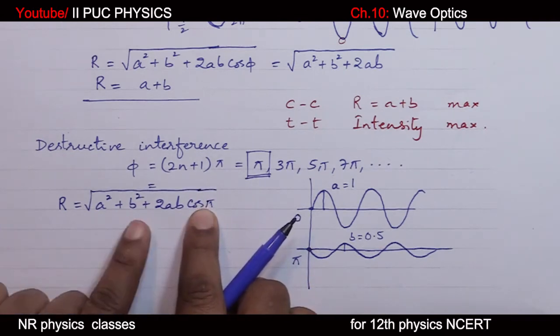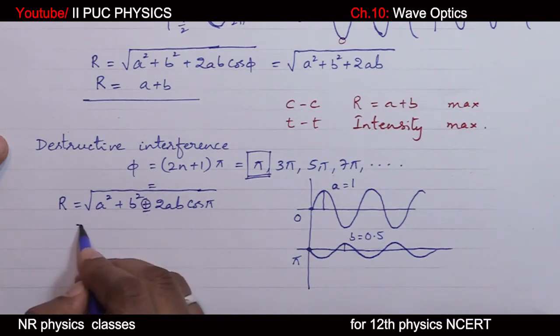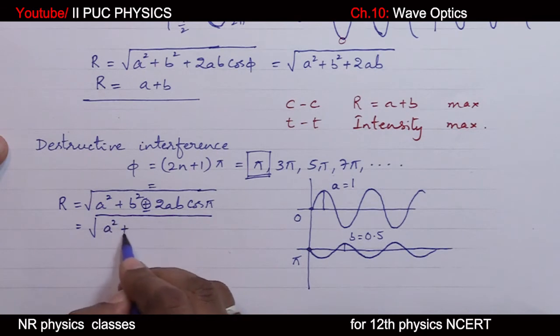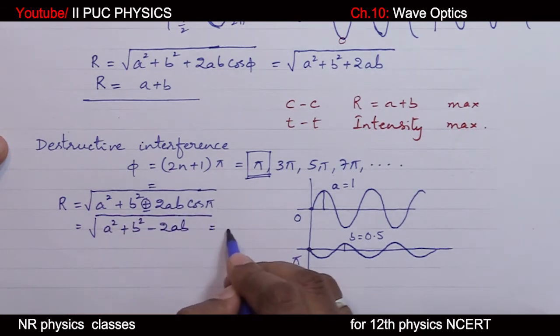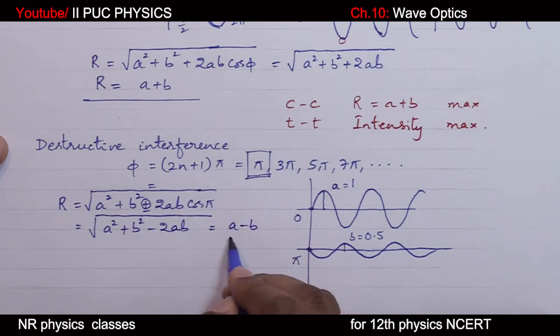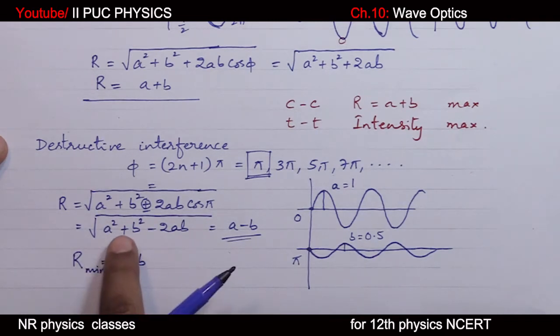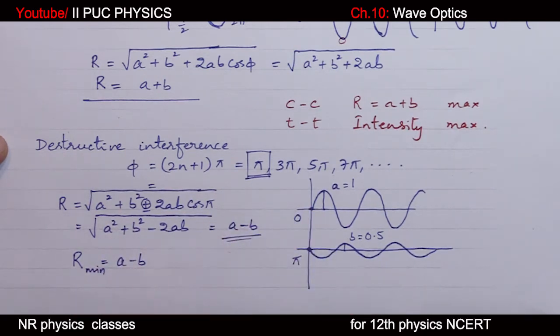If this is minus, then the resultant is A square plus B square minus 2AB, equal to A minus B, isn't it? So amplitude of the resultant equals A minus B, and this is minimum amplitude. Root of (A minus B) whole square means it is A minus B.